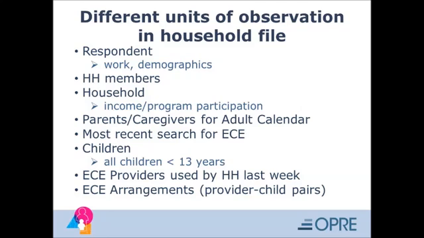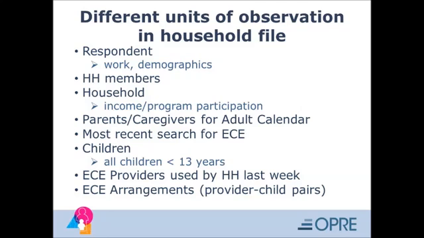I should mention those are resident caregivers, people who live within the household. As I said, there are data on the most recent search for ECE. Each child under 13 can be treated as a separate unit of observation, and so analyses can be done at the child level as well as the adult household level.